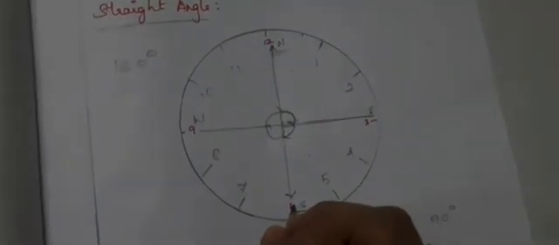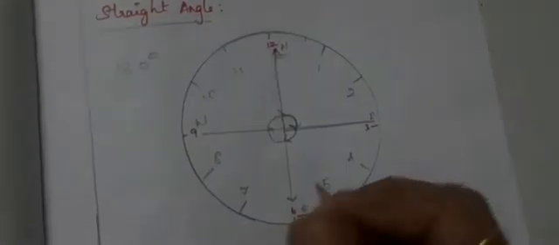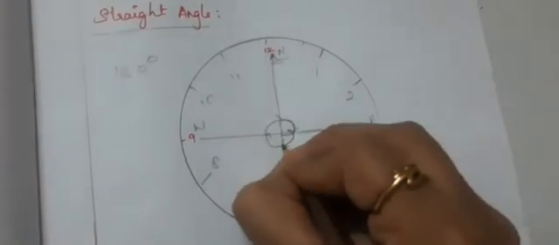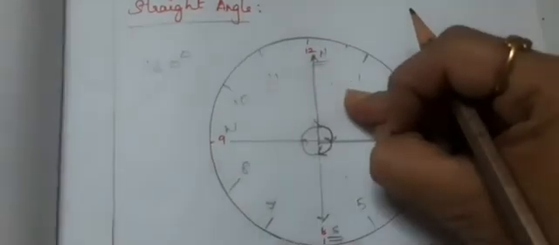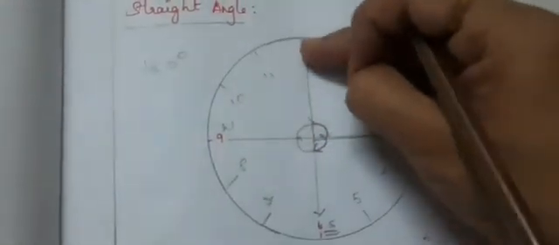So I reached 6 from 3, so that it forms one more right angle turn. So totally there are 2 right angle turns when you travel from 12 to 6. From 12 to 6 it is 2 right angle turns which forms half the revolution of the clock.